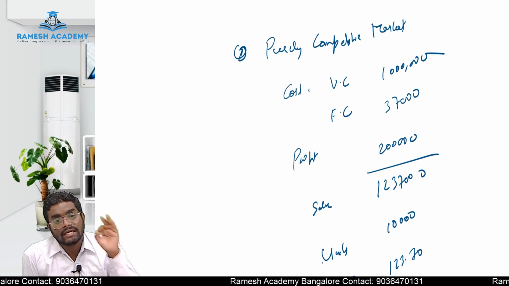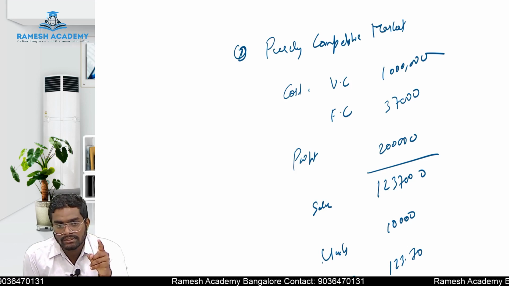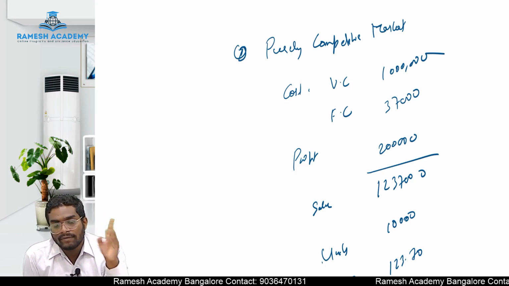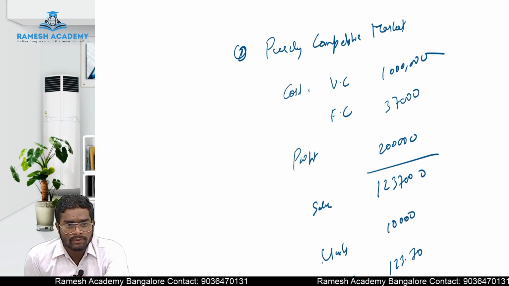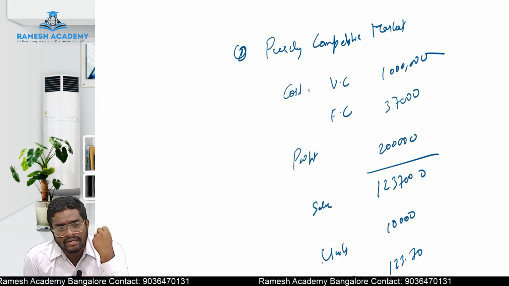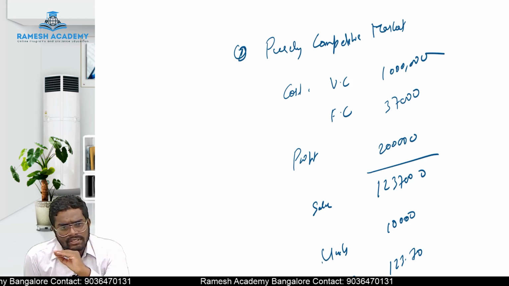So in this question they are telling that we have to calculate the selling price. To calculate the selling price, I should have sales. To calculate sales, I should have cost and I should have profit. Profit, they are telling that it should be 2 lakh. If you are going for monopoly or for purely competitive, you should have a profit of 2 lakh. And the fixed cost will be the same at any level of production. So it is 37,000 here. So 2 lakh 37 is fixed.